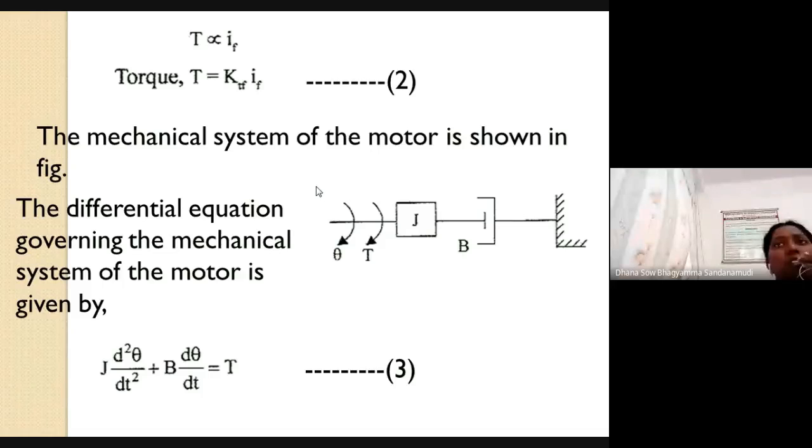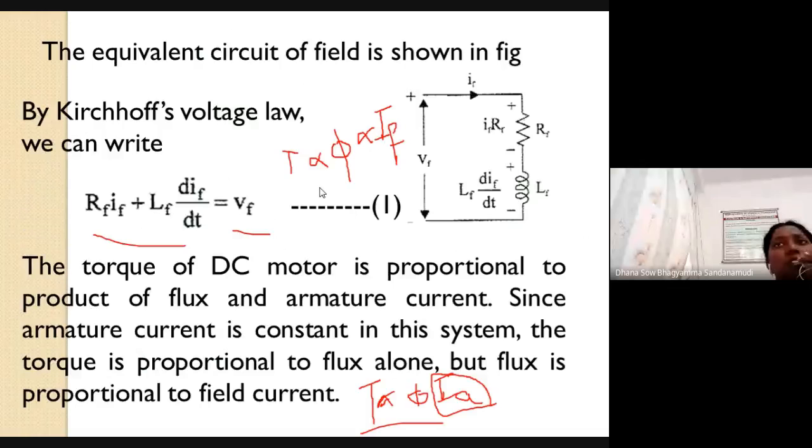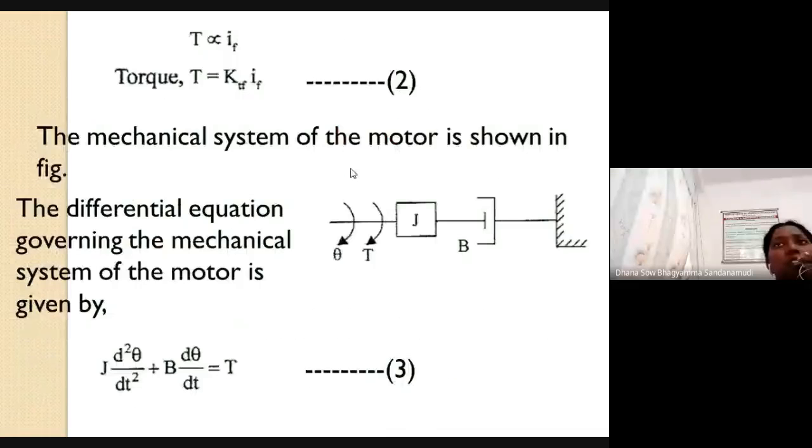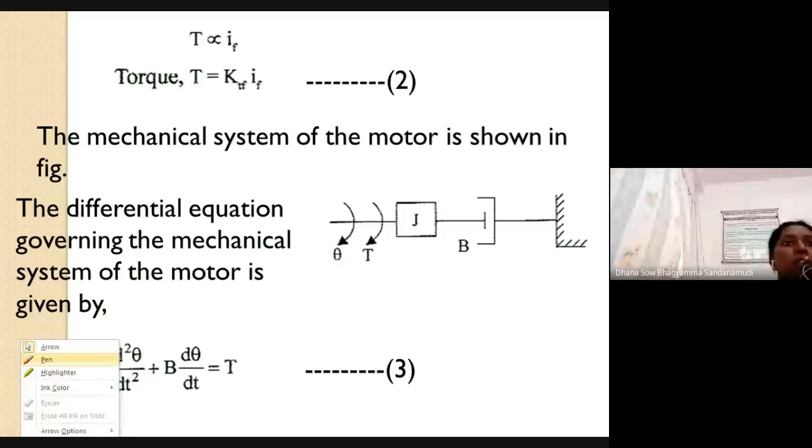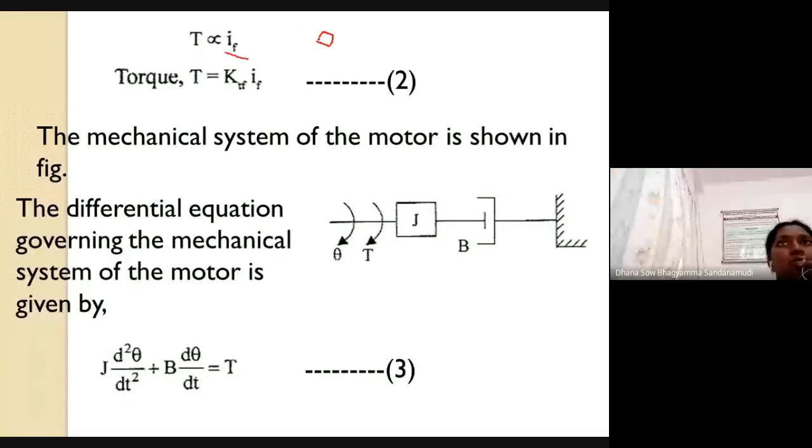Instead of flux, I can write IF. If you observe here, instead of flux, I have written IF, because flux is directly proportional to IF.